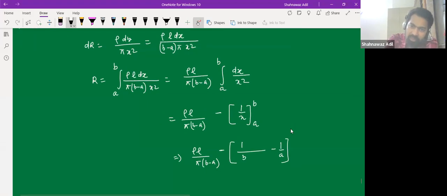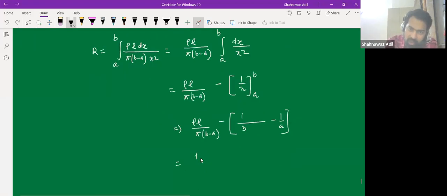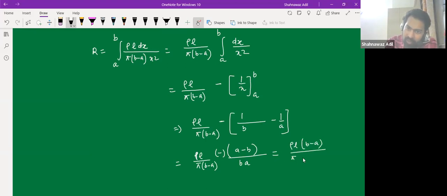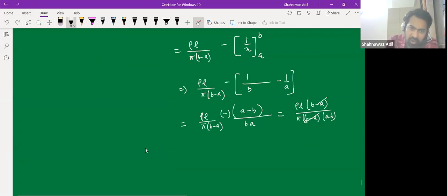The LCM is ba, and the minus sign multiplied gives (b minus a) over pi (b minus a) and so on. So the (b minus a) cancels, and this is the resistance of this wire with different radii.